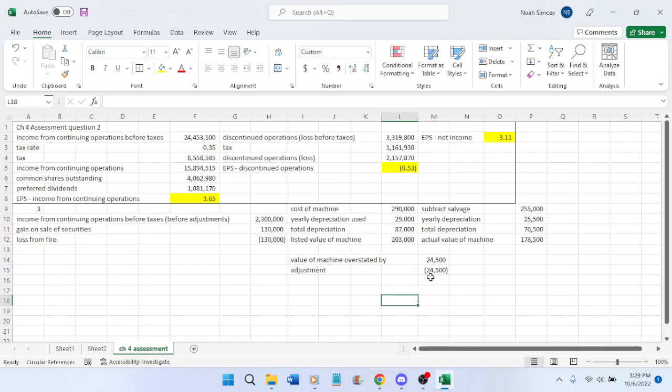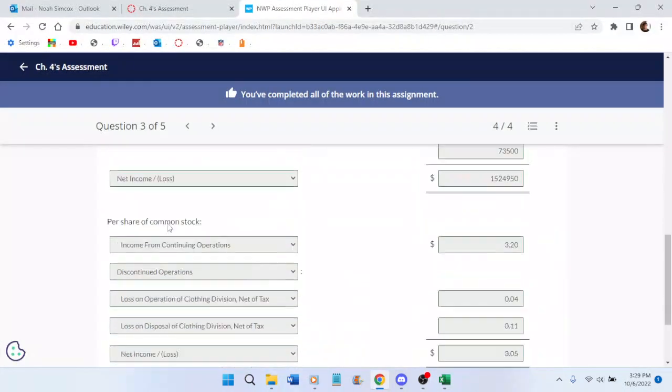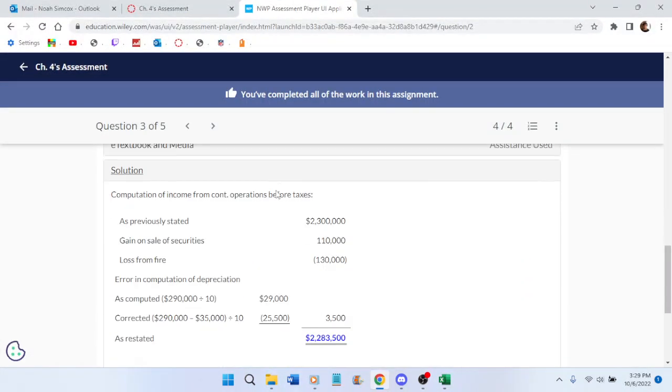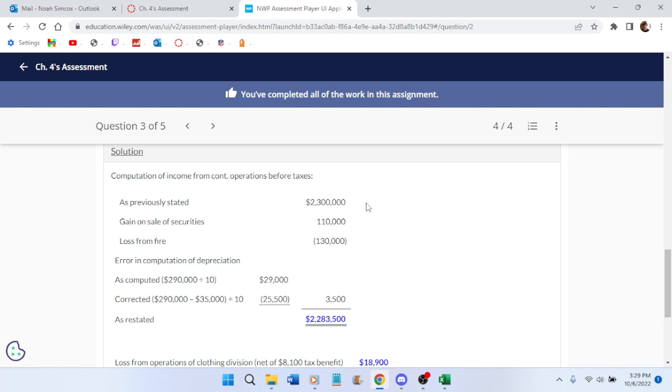So the adjustment is going to be that, right? 24,500. Let me just make sure that's correct. Wait, never mind.